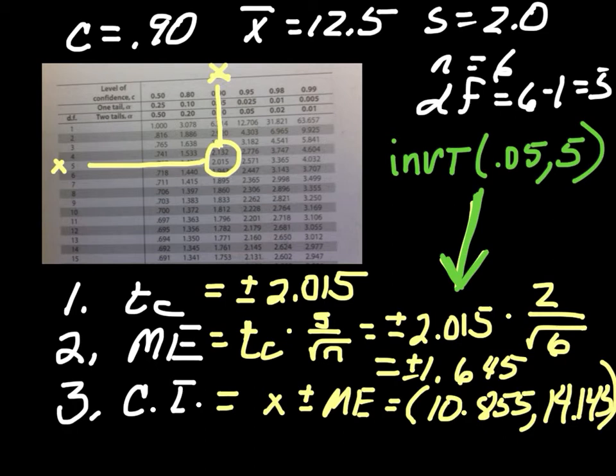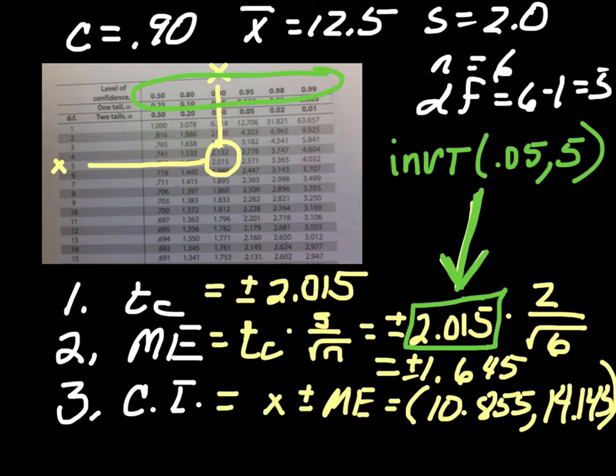And what I ended up with is essentially exactly the same answer I got here. So you can use the table to find it, or you can use the calculator. Now where the calculator really helps is if you look at the table at these confidence levels, you only have very specific confidence levels.